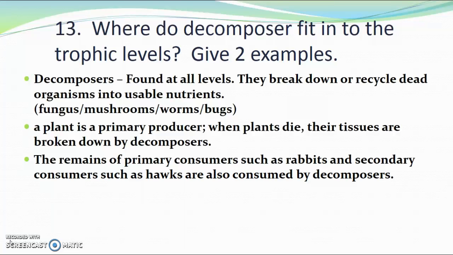We can also find decomposers in the primary consumers trophic level, such as a rabbit dies, and the decomposers will break down the rabbit. Same with the secondary or even tertiary and quaternary level. There are decomposers in every level breaking down the dead organisms that are there to recycle them for use.